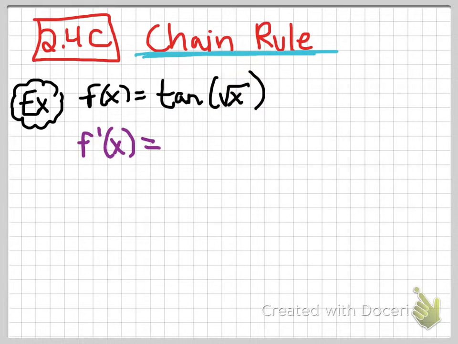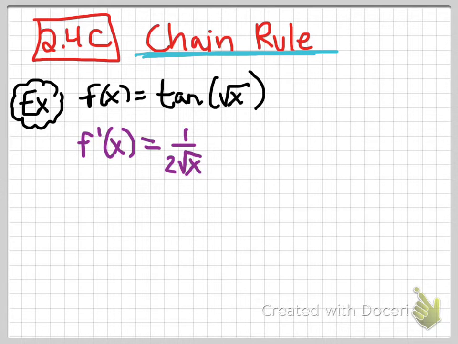So what I'm going to do is the derivative of the inside, this radical x, and to derive it, I'm going to use the radical rule that we learned yesterday. So the derivative of the inside, the derivative of radical x, is 1 over 2 times itself, 1 over 2 radical x. So we've got the derivative of the inside.